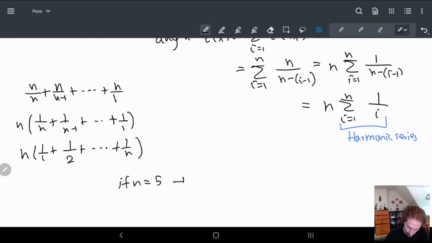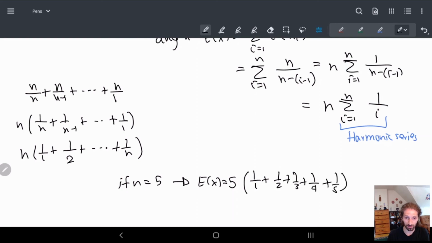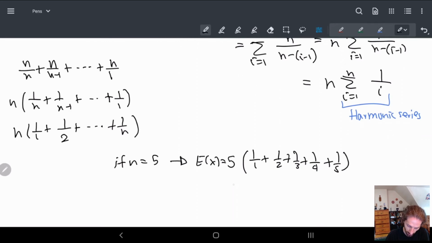So E of X is equal to 5 times 1 over 1 plus 1 over 2 plus 1 over 3 plus 1 over 4 plus 1 over 5. If you do this by hand or by calculator, you should get 137 over 12, which is roughly 11.42. So you probably have to go 11 to 12 times to get all 5 toys.